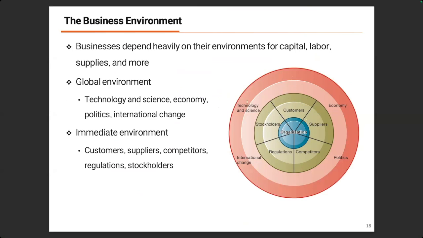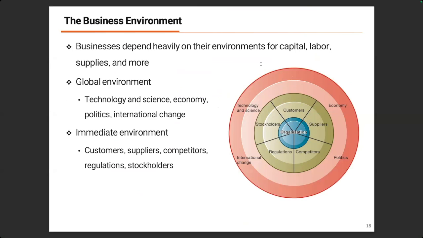Okay. So the technology and science, for example, some music streaming technology or digital cameras or ChatGPT, some AI models can be some of the technology and science environment.